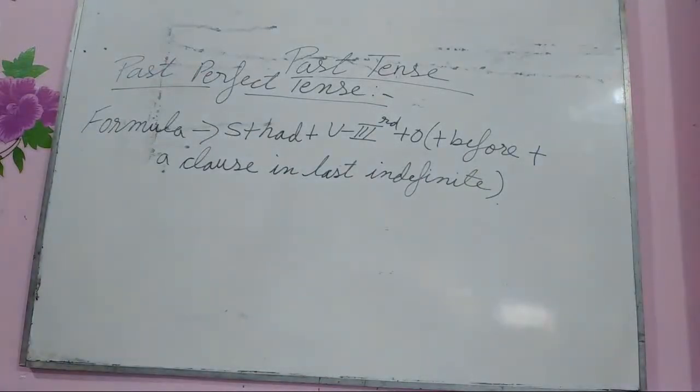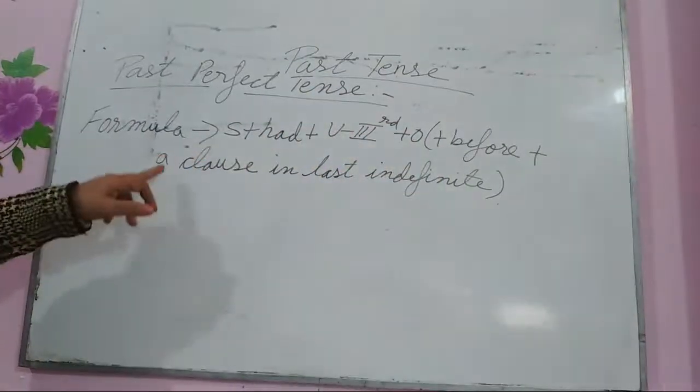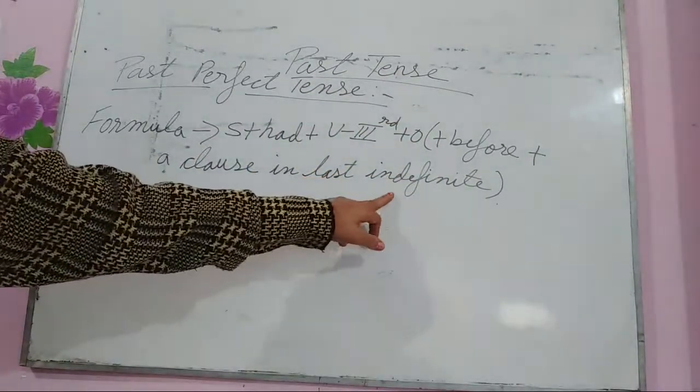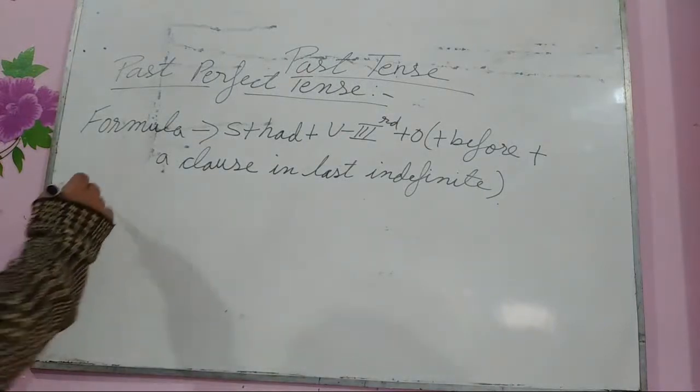The formula for the past perfect tense is subject plus had plus verb of third form plus object plus before plus a clause in past indefinite. Okay, so let's see the example related to it.